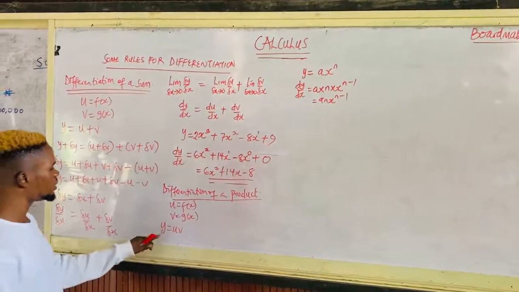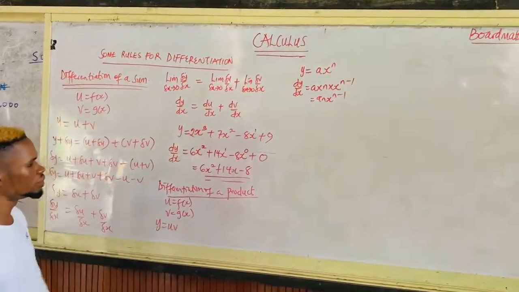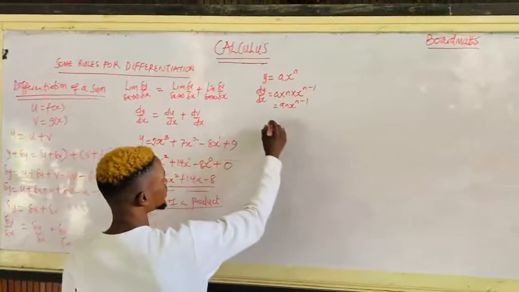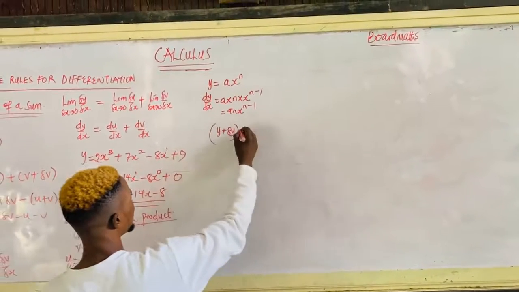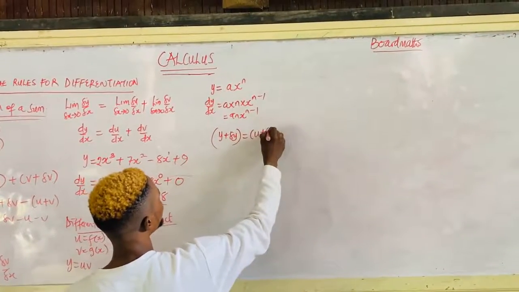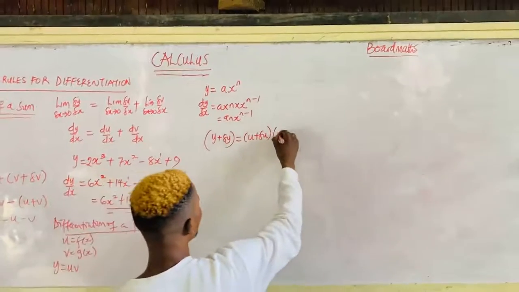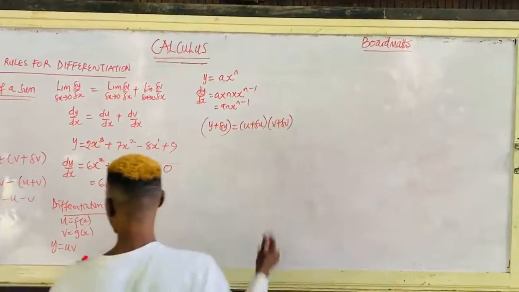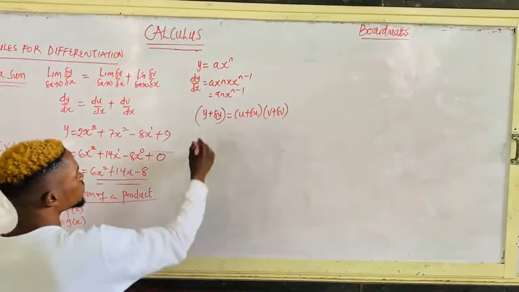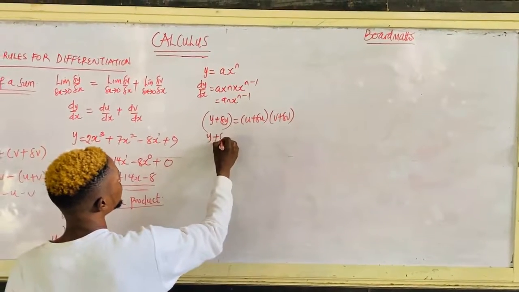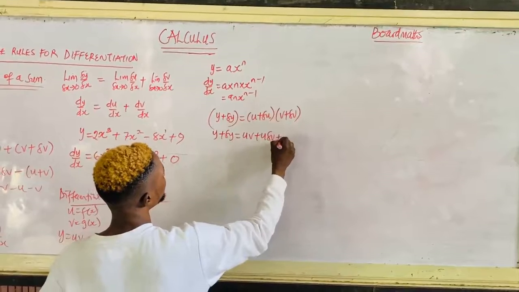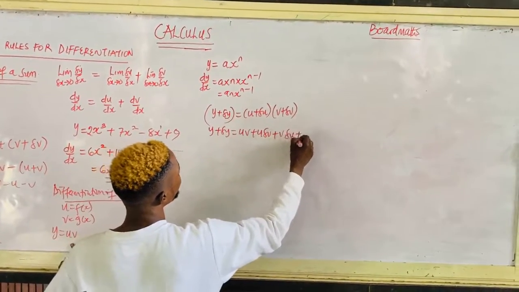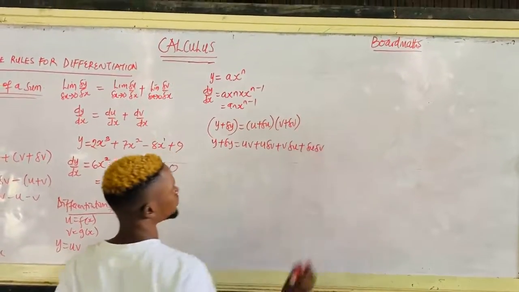If there's an increment in y, increment in u, and increment in v, so that's y plus change in y is equal to u plus del u times v plus del v. That's the product. So that gives y plus del y is equal to uv plus u del v plus v del u plus del u del v.